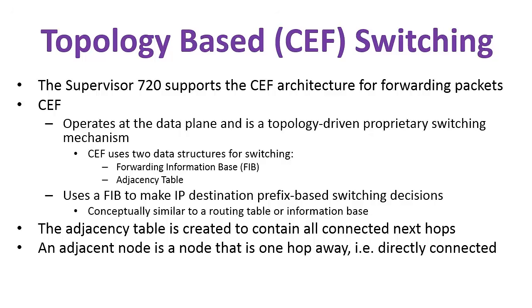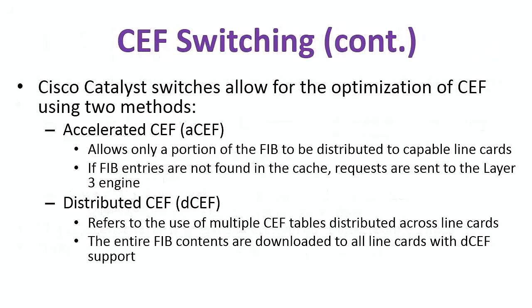An adjacent node is a node that is considered one hop away. That is, it's directly connected. Catalyst switches allow for the optimization of CEF using two methods: accelerated CEF, which only allows a portion of the FIB to be distributed to capable line cards, and distributed CEF, which refers to the use of multiple CEF tables distributed across all line cards.